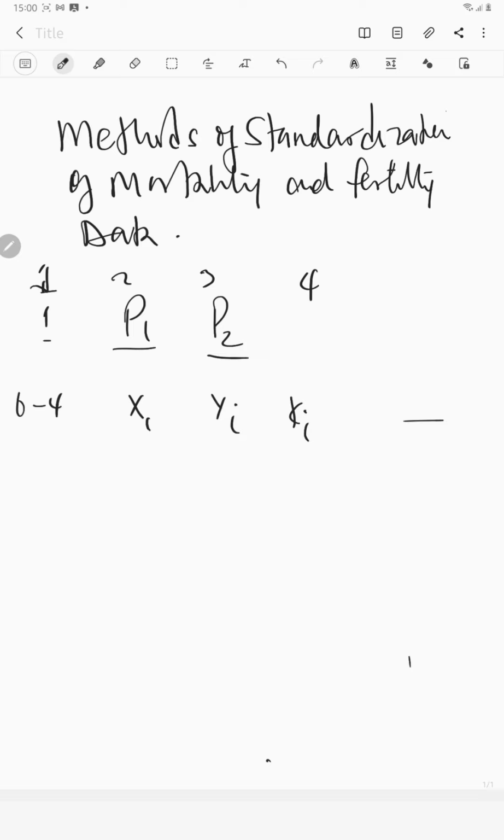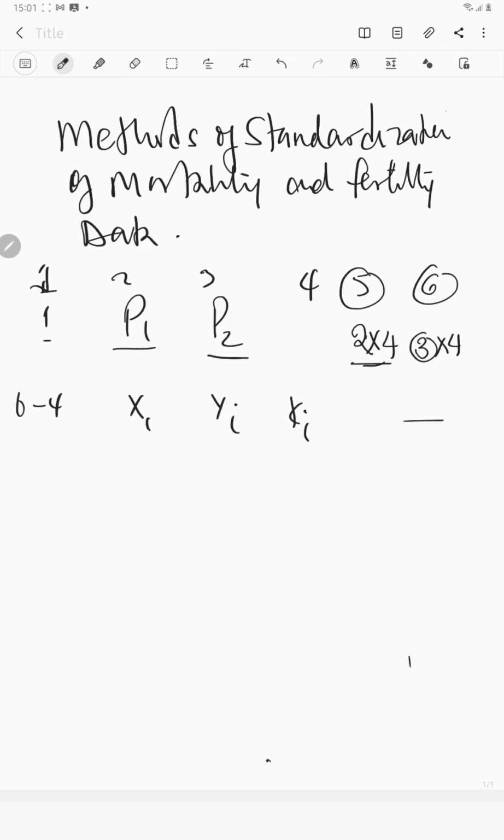Now, if you want to determine the expected mortality or expected deaths, then you must look at number 2 multiplied by the standard population, which gives us number 5, and for number 6 you look at population number 3 multiplied by the standard population.